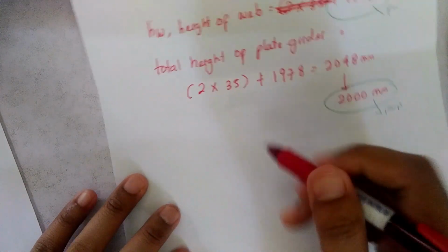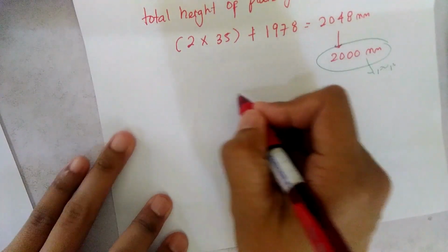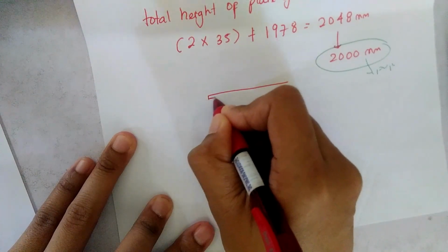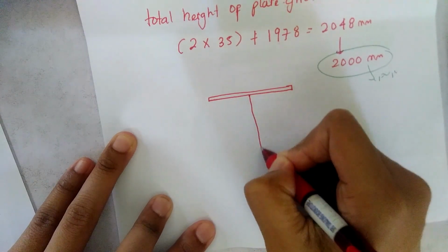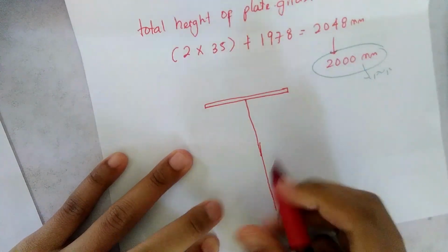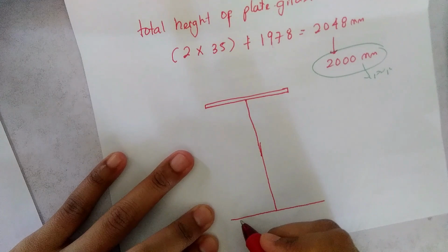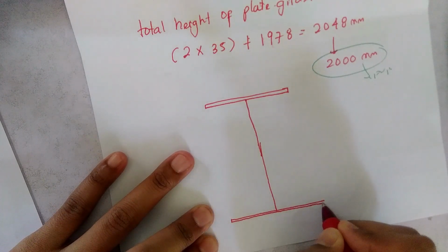So in general, in summary, this is the flange, this is your web, this is the flange again.